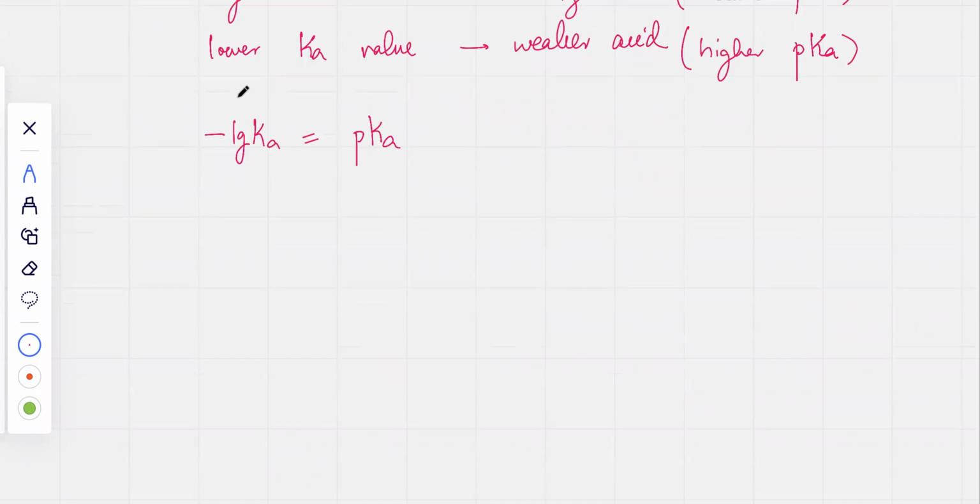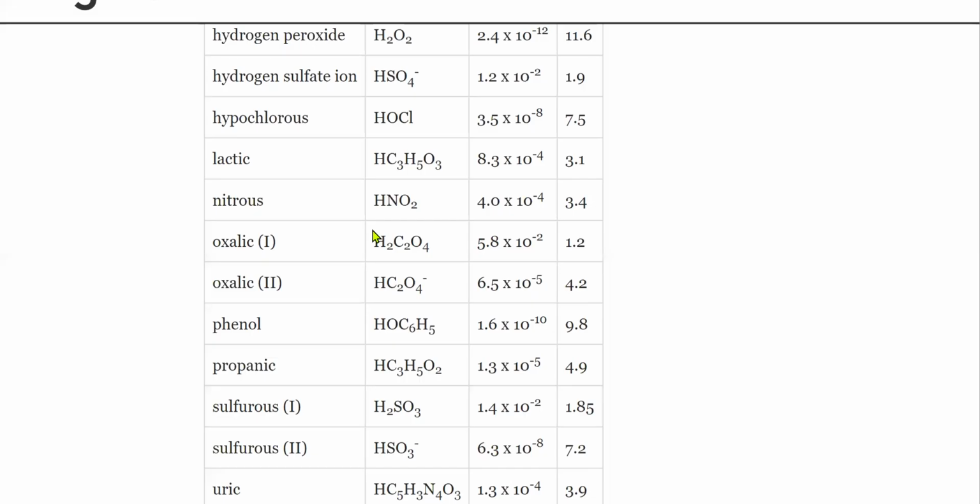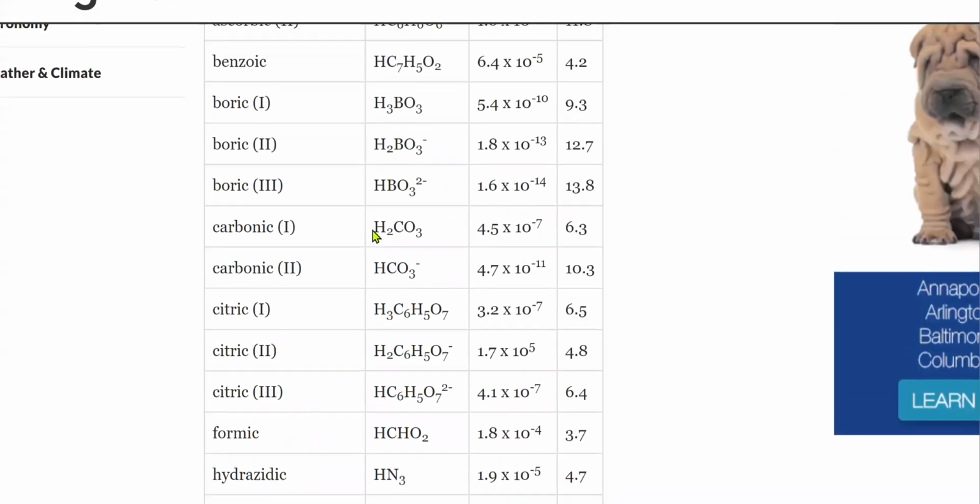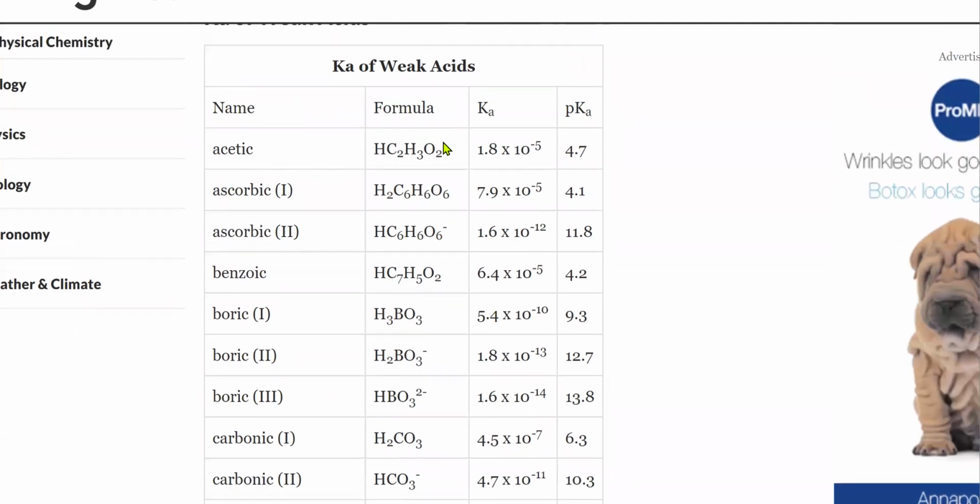So I've got ethanoic acid, which is CH3COOH. Its concentration is provided. Let's say the concentration is 0.5 mole per dm cube. And we can find the pK value or the Ka value. I think there is ethanoic acid somewhere over here. Acetic acid is ethanoic acid.